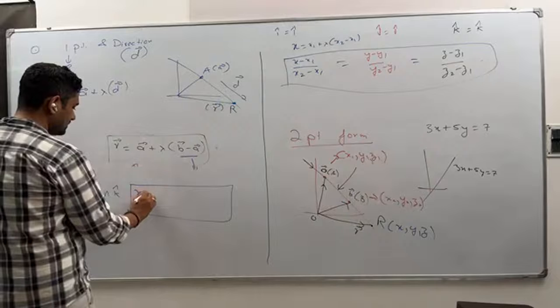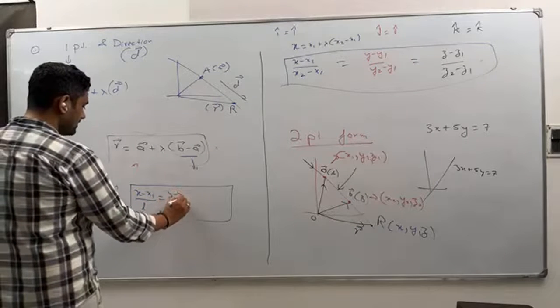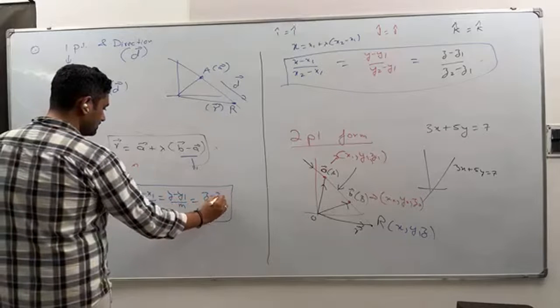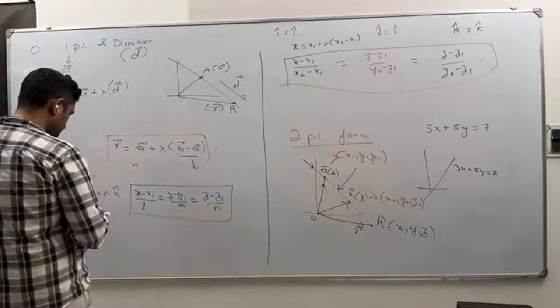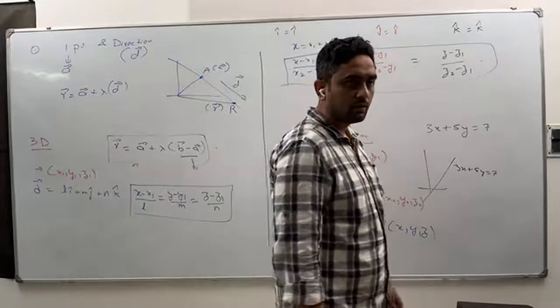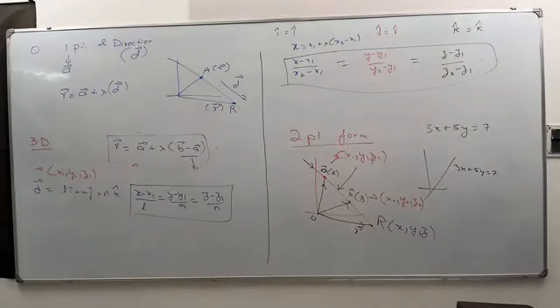We'll get (x minus x1) by L equal to (y minus y1) by M equal to (z minus z1) by N. So this will be the equation of line when point and direction are given.